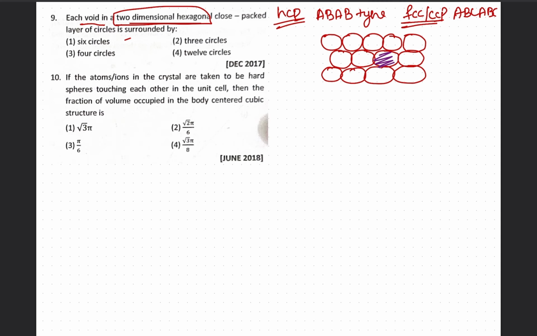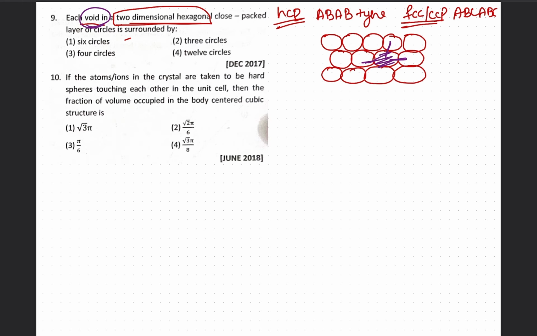Now see, there will be 1 this, 2 and 3, no sorry, in this we have to find the coordination number of the void.